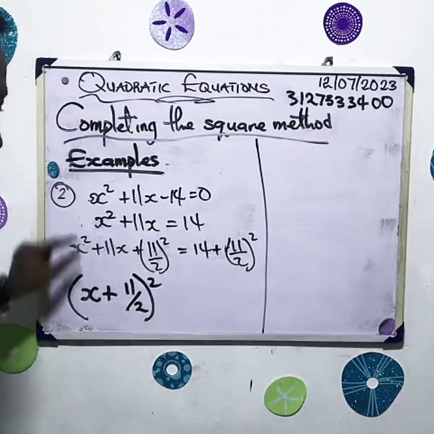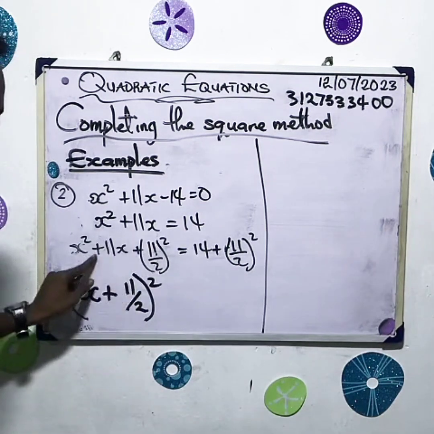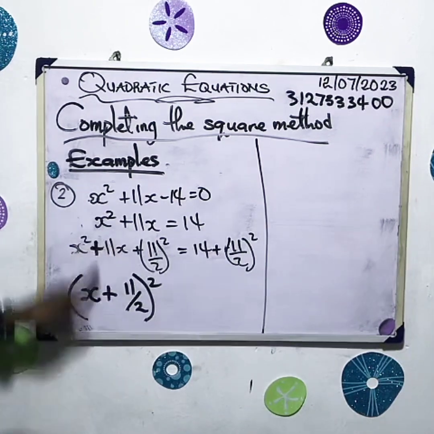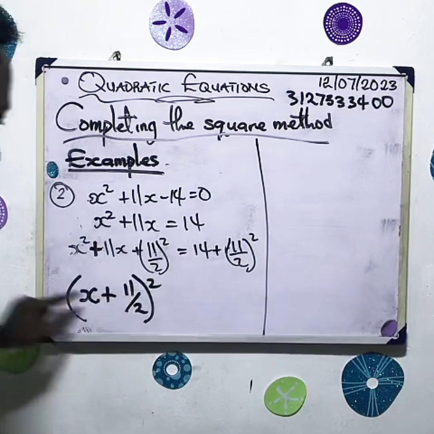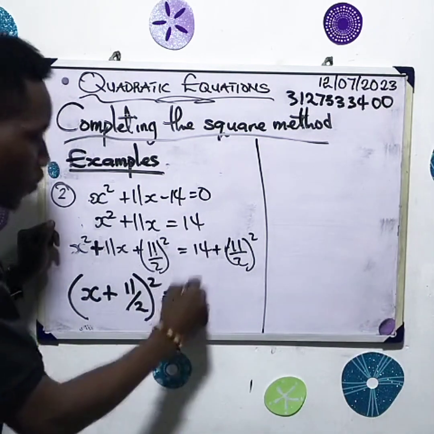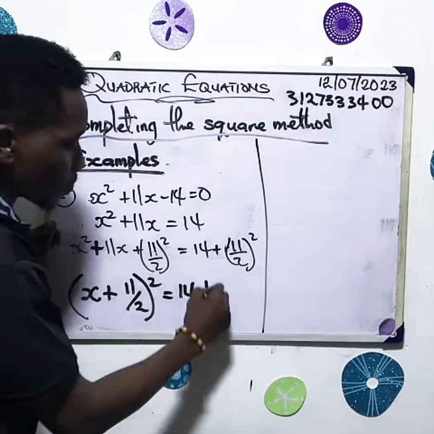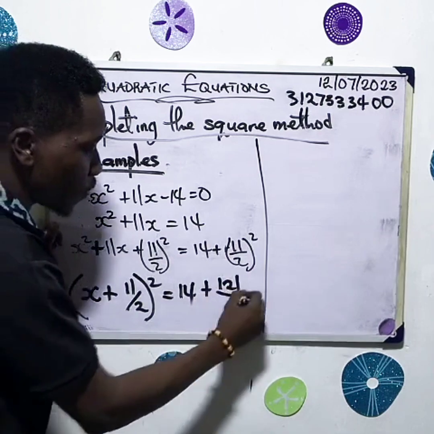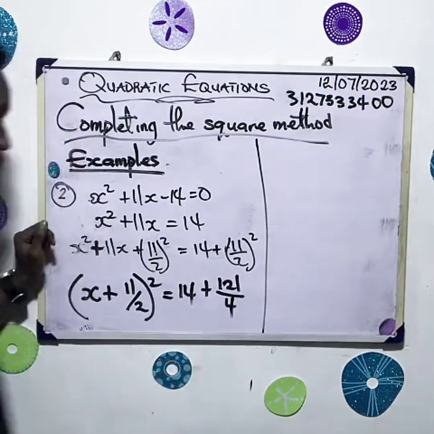Whatever you have here squared, pick it. Then the sign: if this were minus, this will be minus, but this is plus, so this is plus. Then bring your 11 over 2 all squared, equal to 14 plus 11 over 2 all squared. 11 squared is 121, over 2 squared is 4.